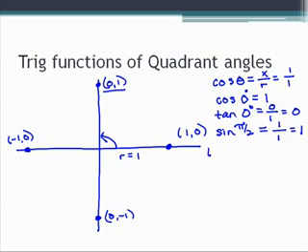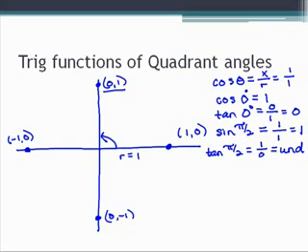Whereas the tangent at pi halves, the tangent is the y over the x, so 1 over 0. Oh, I can't divide by 0. So the tangent at 90 degrees or pi halves is undefined.